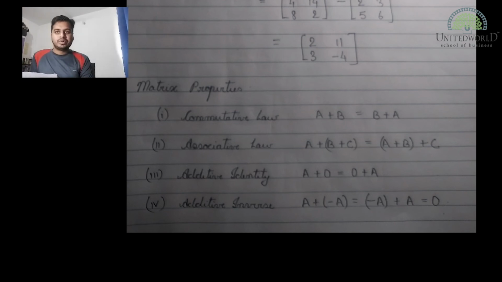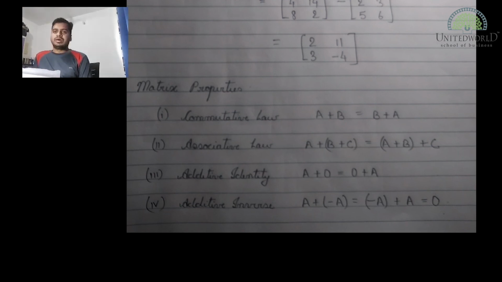We already studied the zero matrix in the last video. So if you add a zero matrix, but make sure that your zero matrix should be of the same order as that of the matrix A. If you are adding a zero matrix to A, then you will get A only. So zero matrix plus A is equal to A.